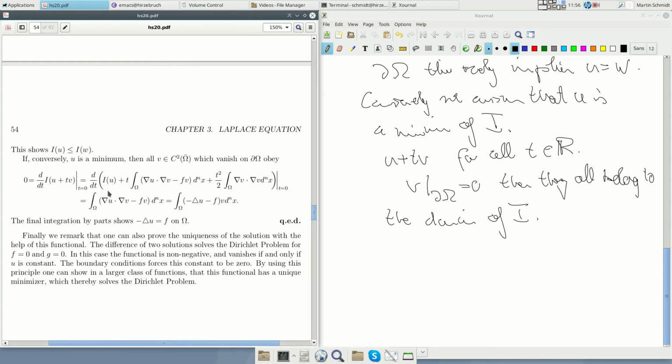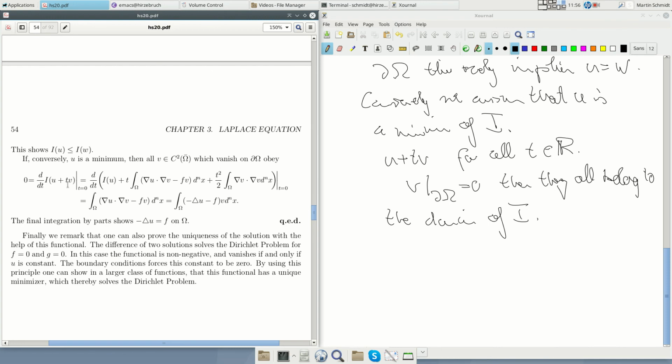We just calculate this function by linearity. We see this is a polynomial with respect to t of second order. Since u is a minimum, the linear term must vanish, because otherwise this is not a minimum for t equals 0.